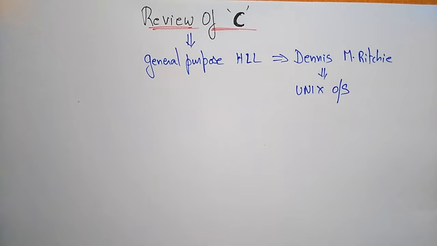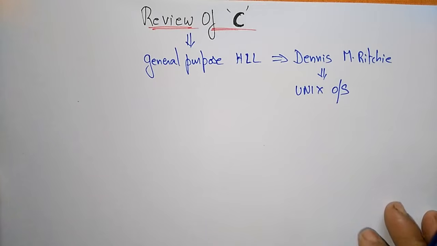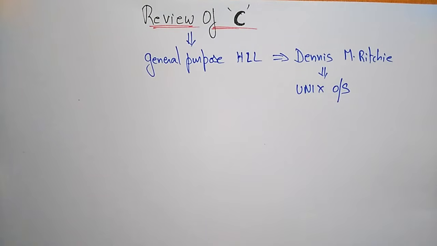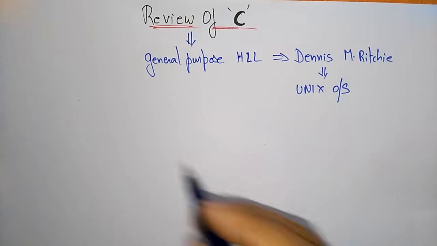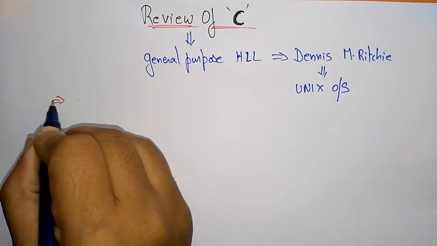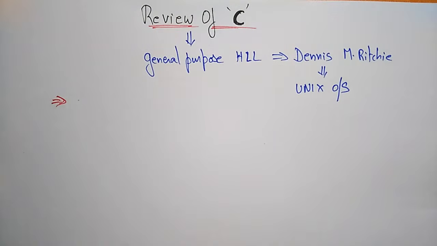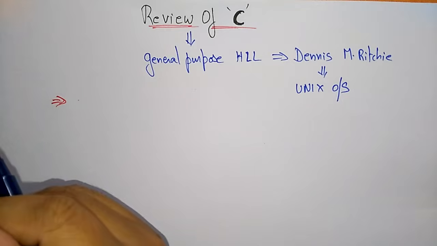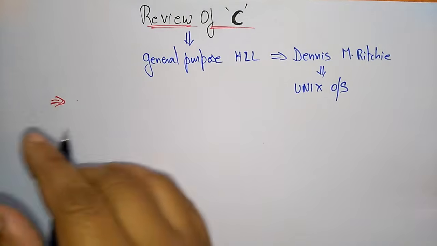The complete Unix operating system is developed using the C language. Actually C became a widely used professional language for various reasons. Almost all operating systems first look towards the C language.